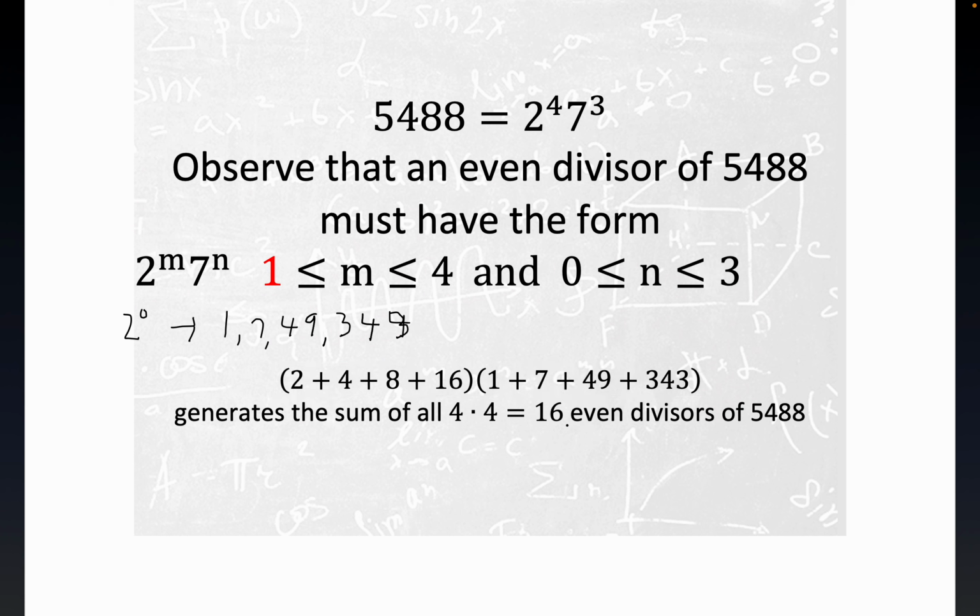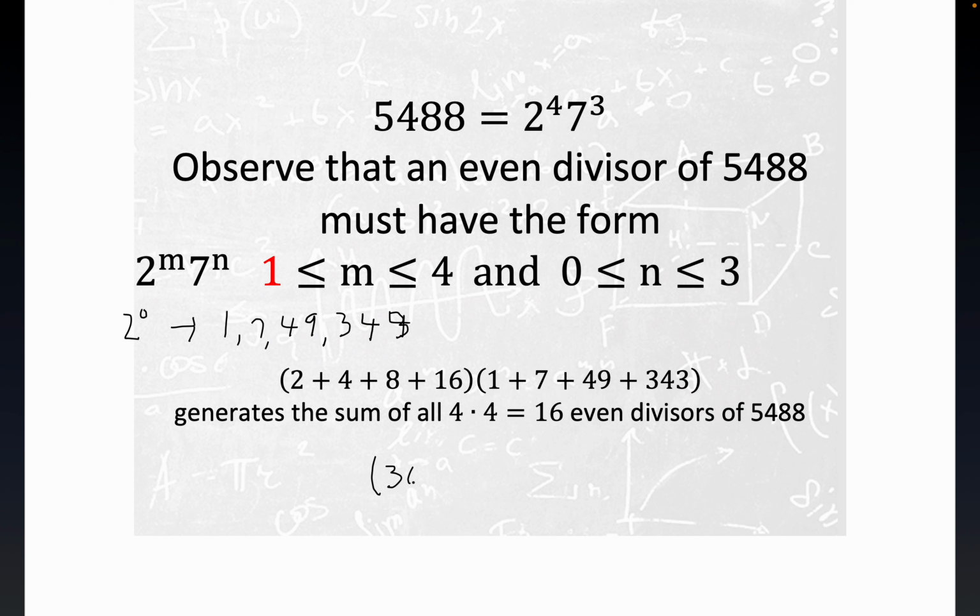So you're going to have 16 even divisors of 5488 contained in this expansion. We're not going to write them all down, but if you multiply this out, you would have 16 even numbers that are all divisors of 5488. And so this is fairly easy to add up. This is what they call a finite geometric series. This particular one adds up to, what is this, 6, 14, 30. So we have 30.